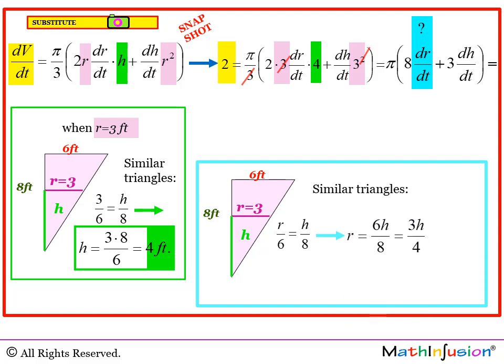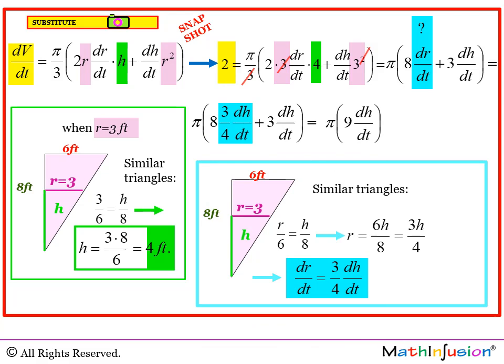We know that r is 3h over 4. It means that dr/dt is 3 over 4 dh/dt. And when we substitute this, you get only one variable, which is dh/dt. And now we have to solve for dh/dt.